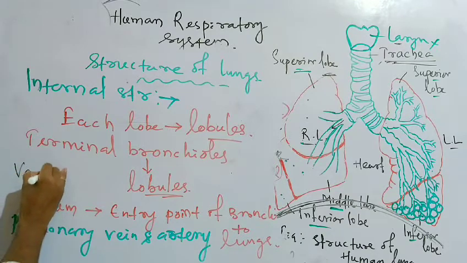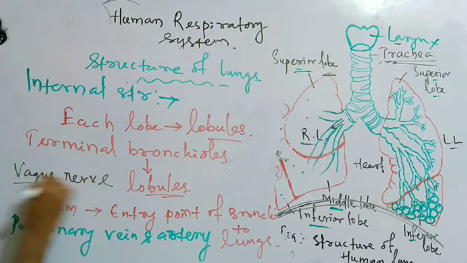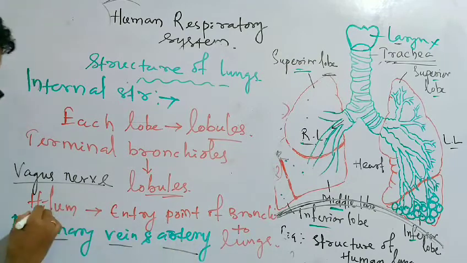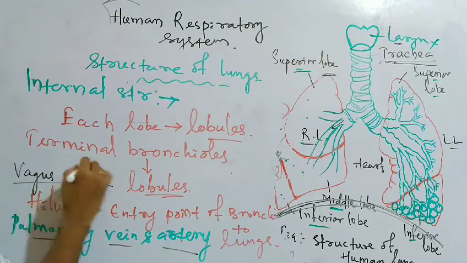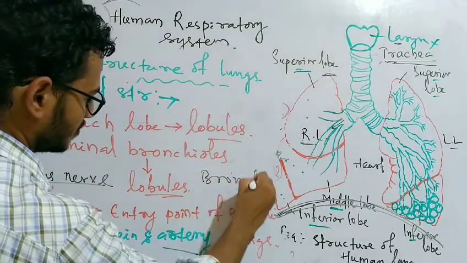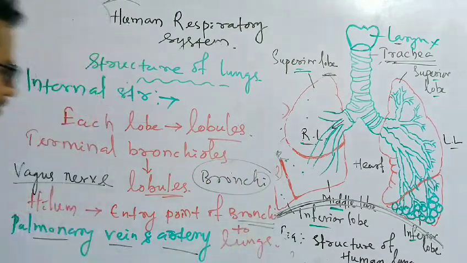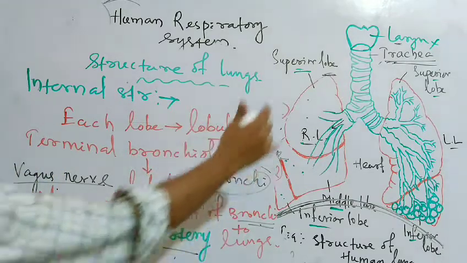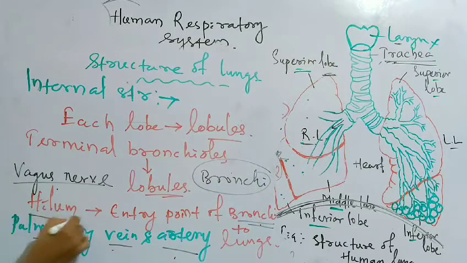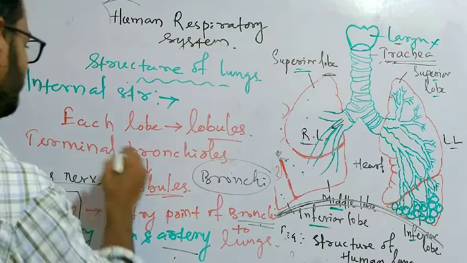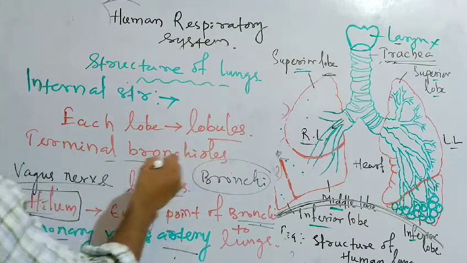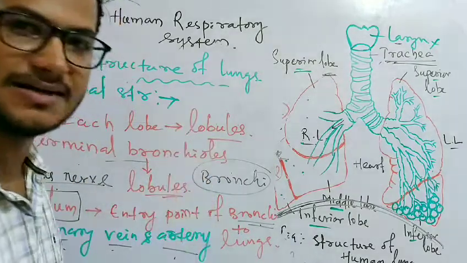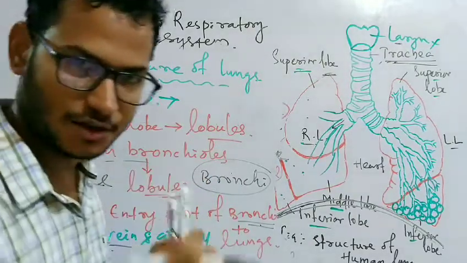So the vagus nerve, pulmonary vein and artery, and the bronchi all enter the lungs at a region known as hilum or hilus.